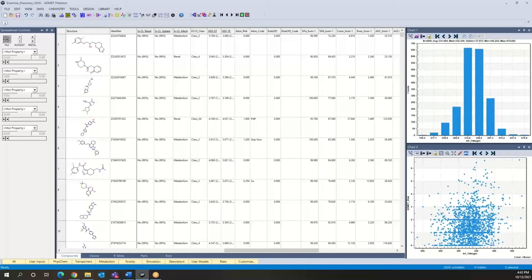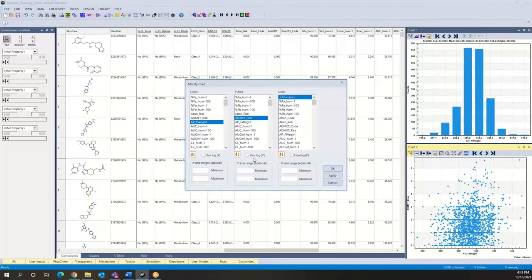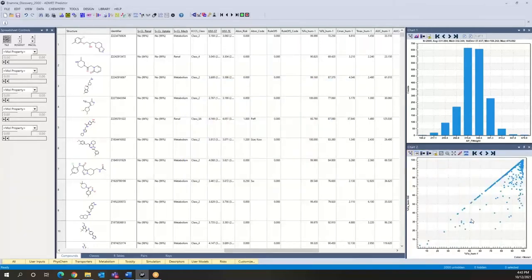So one of the things that we can do very easily on this plot is to plot %FA at the 100 milligram dose against %FA at the 1 milligram dose. Okay. And what this is going to show us is on the diagonal, we're going to have the compounds for which fraction absorbed is concentration independent. Okay.